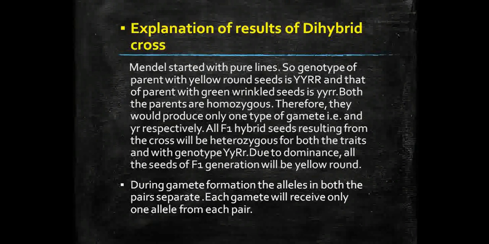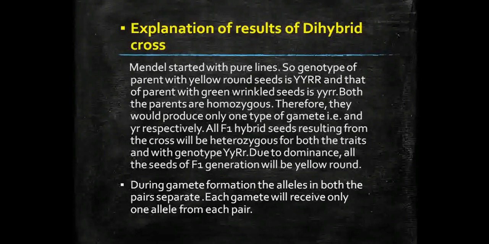So in case of the F1 generation, because of the dominant nature of these genes, they will form the yellow and round seeds. Even though the small y, small r combination is also there, the round shape is dominant over wrinkled shape and yellow color is dominant over green color, so the dominant will appear in the F1 generation, so all the seeds which we get are yellow and round.